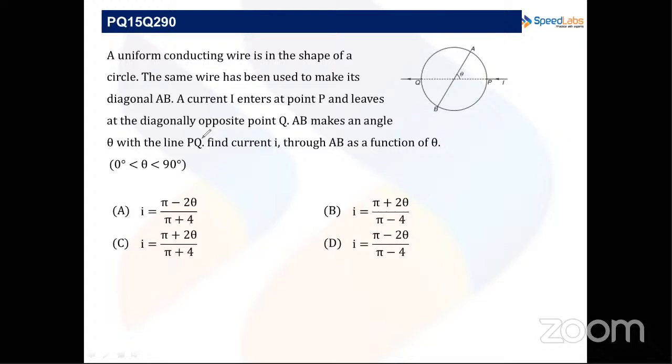That's all. A current I enters at point P and leaves at the diagonally opposite point Q. AB makes an angle theta with the line PQ. Find the current I through AB, as a function of theta. Theta is changing, so we have to find it along with theta.